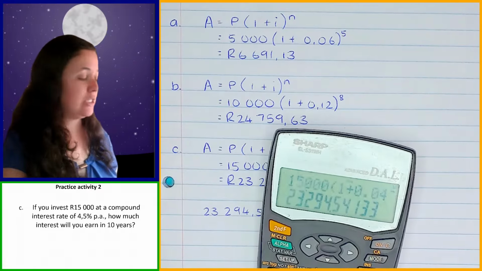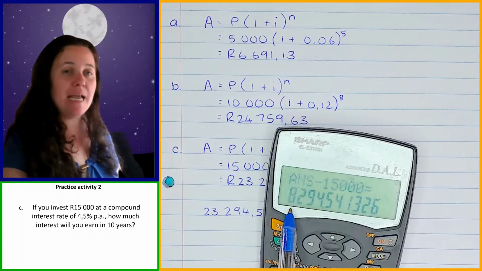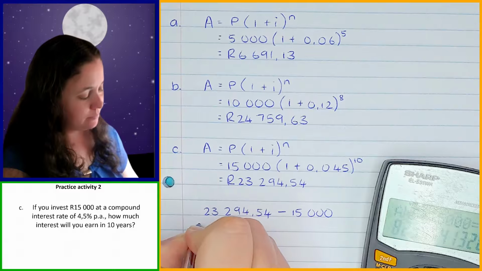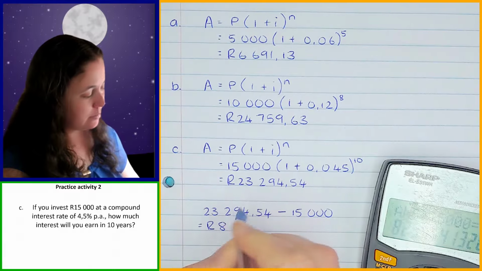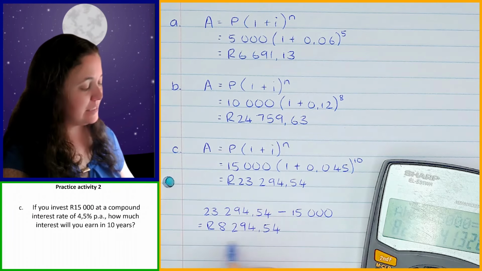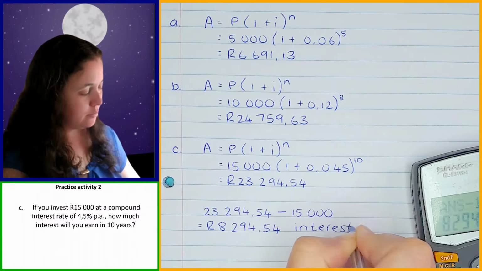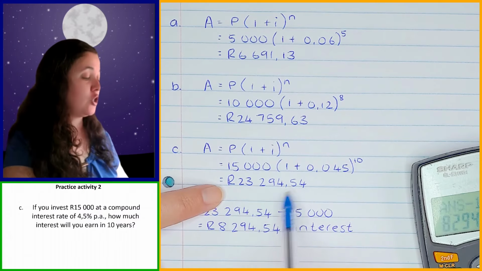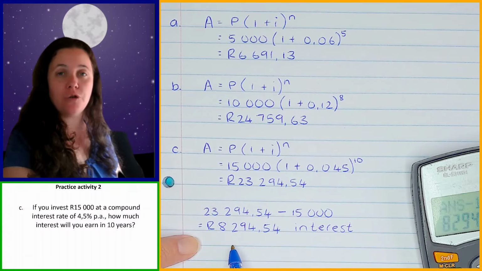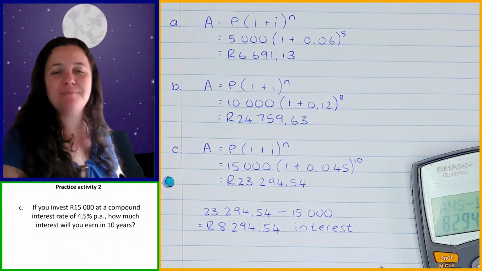Okay, so I take this answer minus the 15,000, and that gives us 8,294 Rand and 54 cents. And this is how much interest was earned. Okay, so this is the total value of the investment at the end of the 10 years. This is how much interest was earned in the 10 years. Okay, and that is how we work with compound interest.